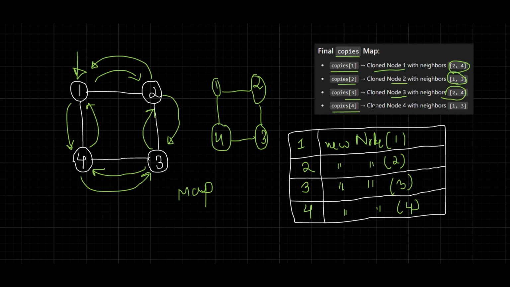And the copy of 4 will have the node reference of 4 with the neighbors 1 and 3. So this is how we apply the graph cloning algorithm by using a map with the help of the DFS algorithm. I hope you understood the algorithm. Now let's move on to the code.